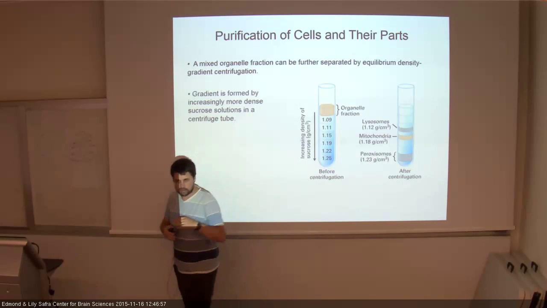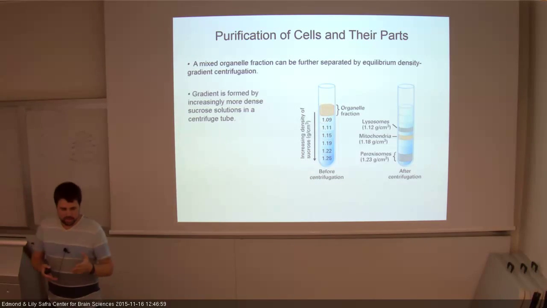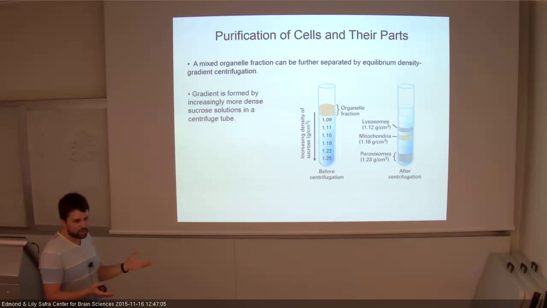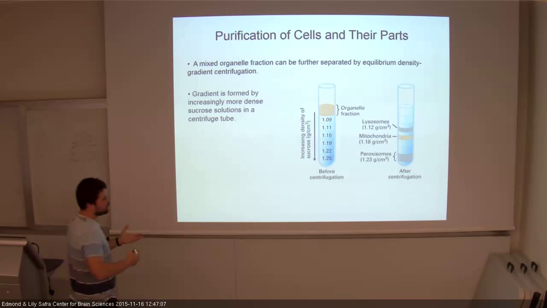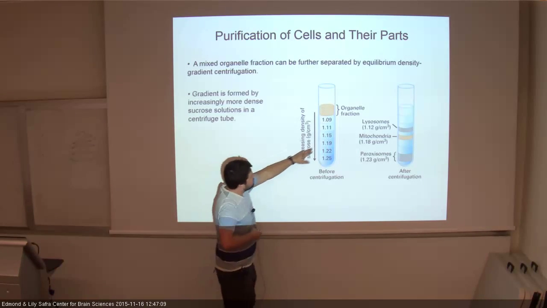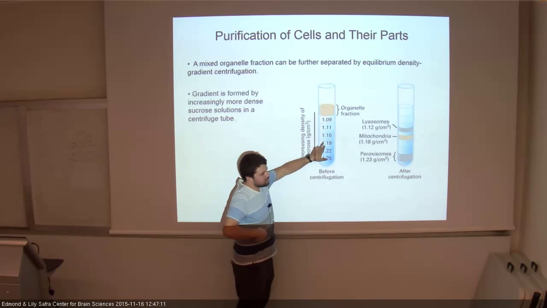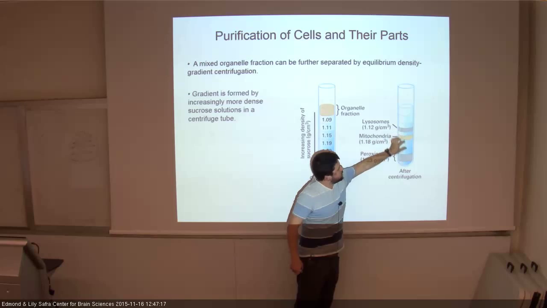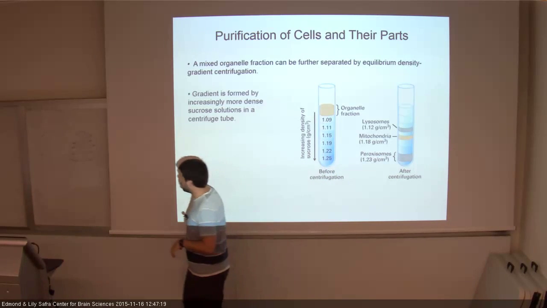You can compare it to oil and water. Oil is less dense than water, so it will float on the water. So the mitochondria is more dense than this phase, but less dense than this phase, and it will just float on it, and thus I can get certain organelles according to their density.